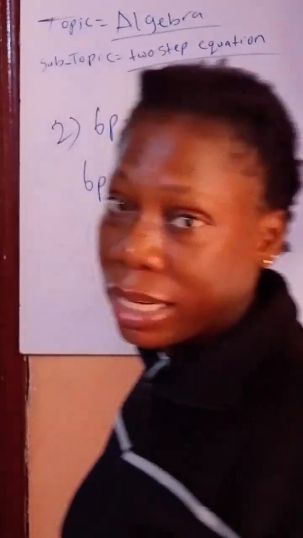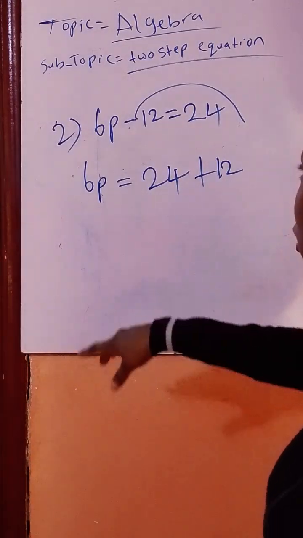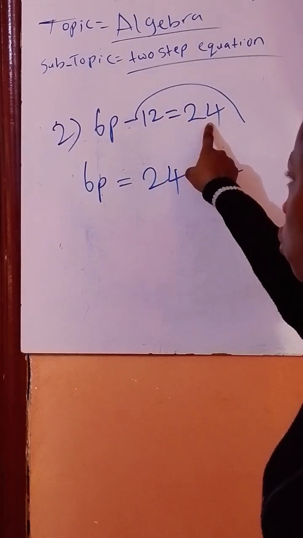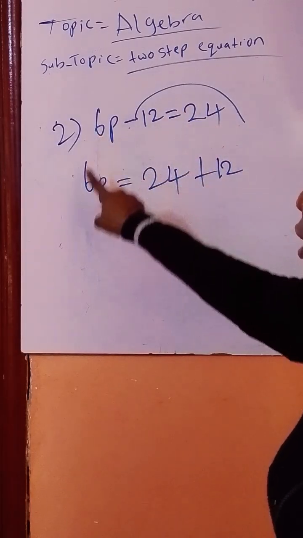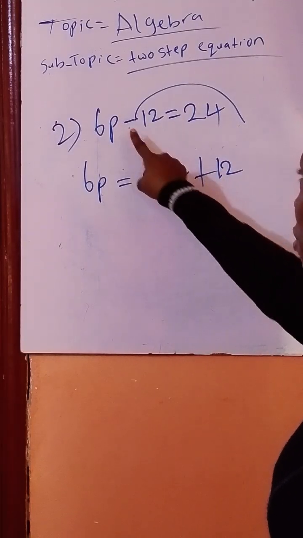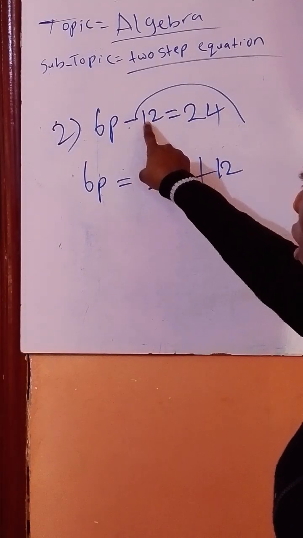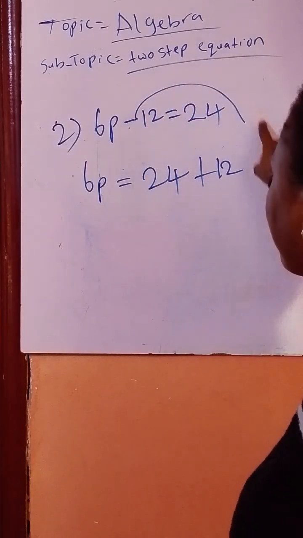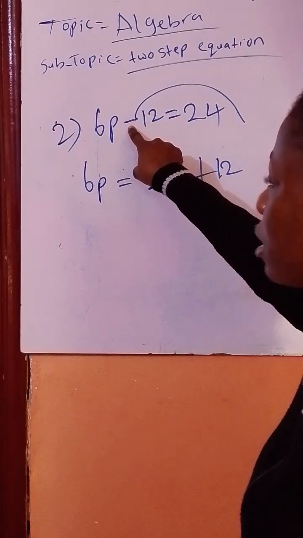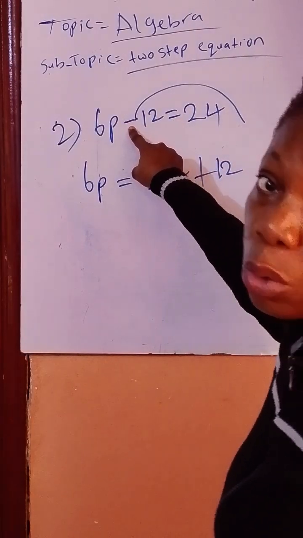I hope you get what I did here. This is 6p minus 12 equals 24. You bring down your 6p equals 24 plus 12, because this minus 12, when it's coming to this side and crosses this equal sign, is going to change from minus to plus.